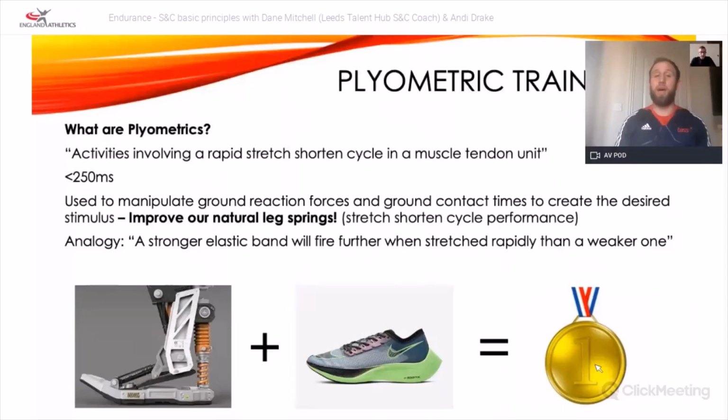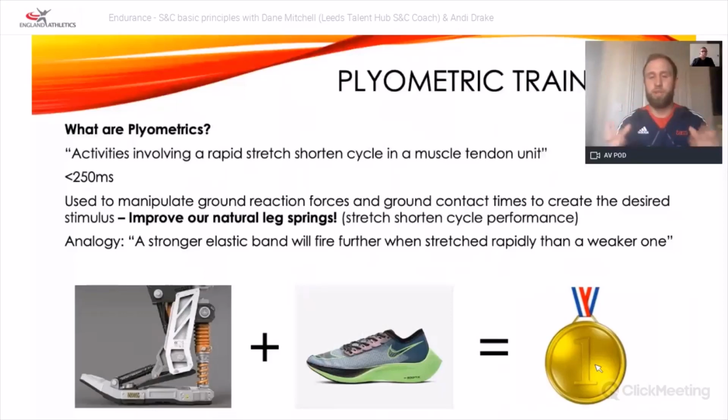But we can do plyometric exercises to get even greater ground reaction forces or even quicker ground contact times, and that can elicit some adaptations.